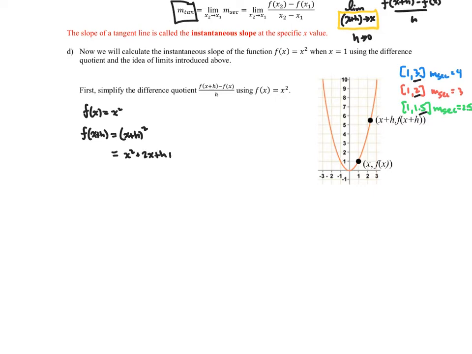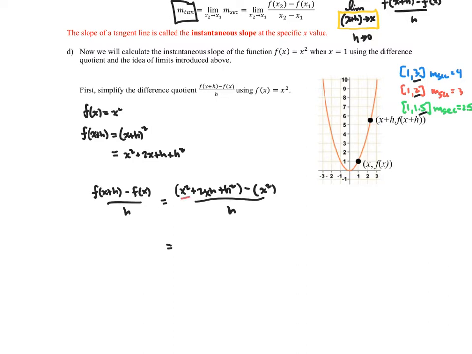So f of x plus h minus f of x over h is equal to x squared plus 2xh plus h squared minus f of x, which is x squared, all over h.